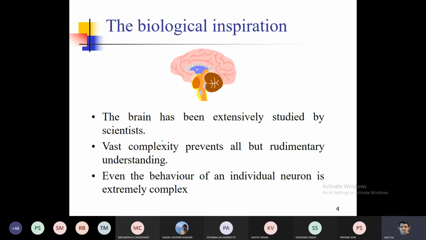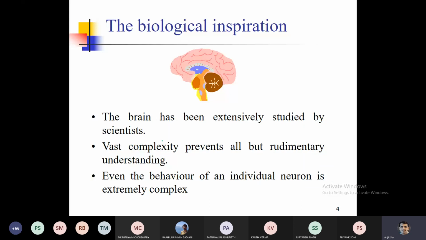So we can say that in a very naive way, this artificial neural network, to some extent, tries to follow a very naive neuronal architecture.